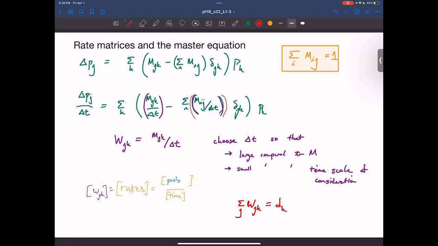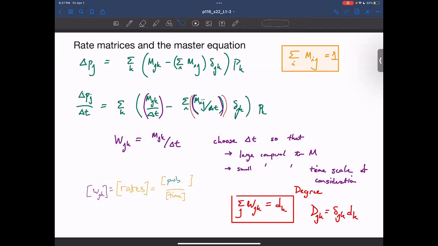This is the weight of all of the transition rates out of site K. So this is the degree. In the degree matrix, D_JK is equal to delta_JK D_K. Okay, it's a lot of defining of things.